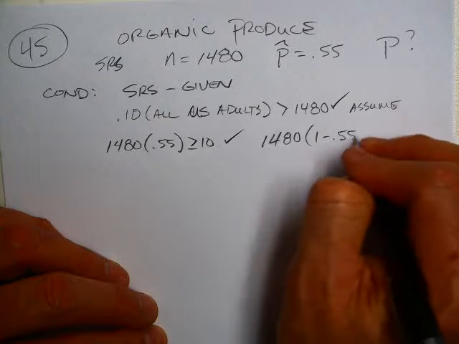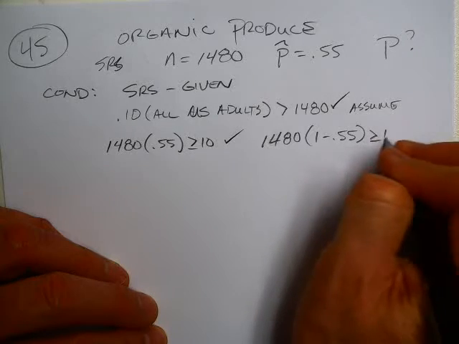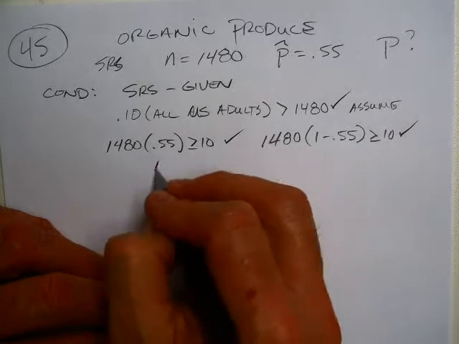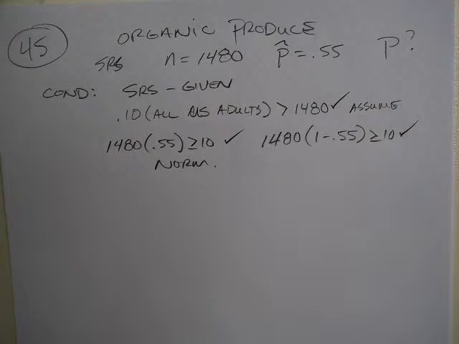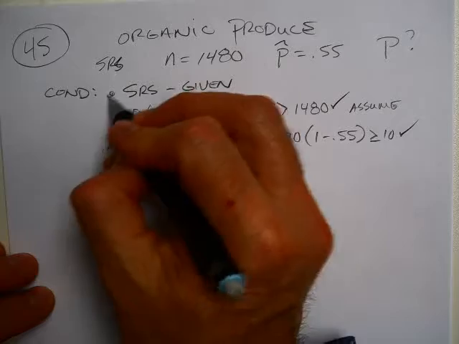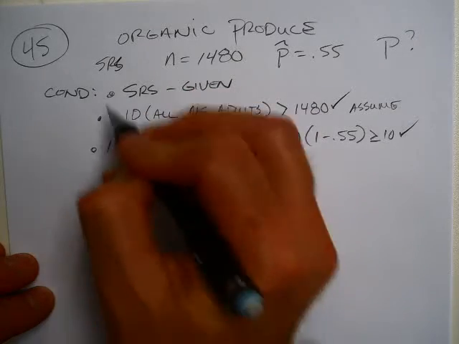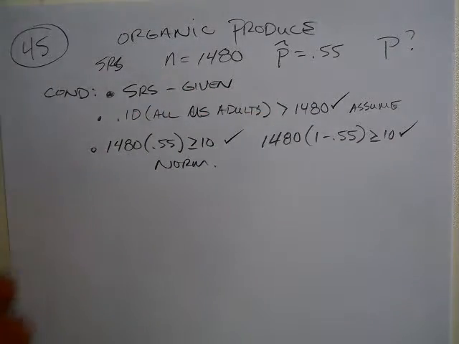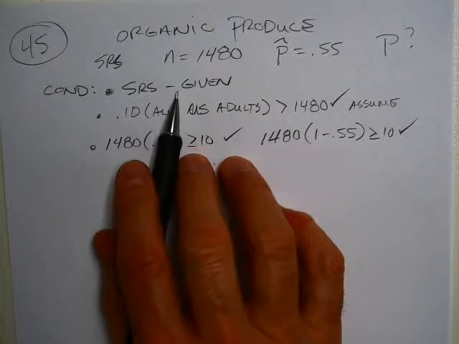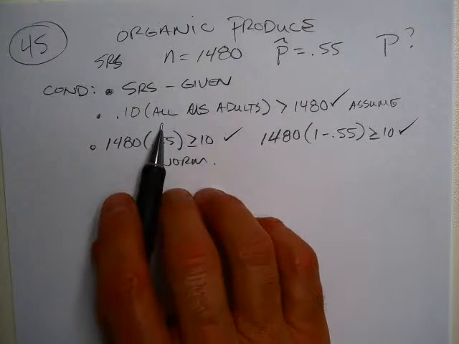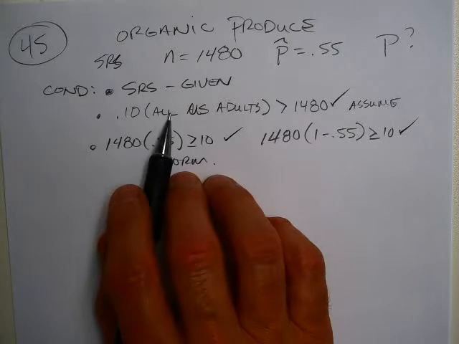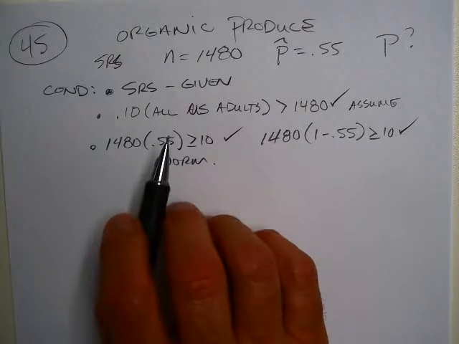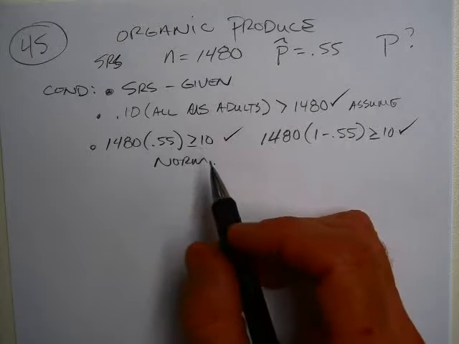So it's normal. All right, so we've met our conditions. These are the three we need to meet. SRS, just general rule. This allows us to standardize, and this allows us to take the standard deviation.